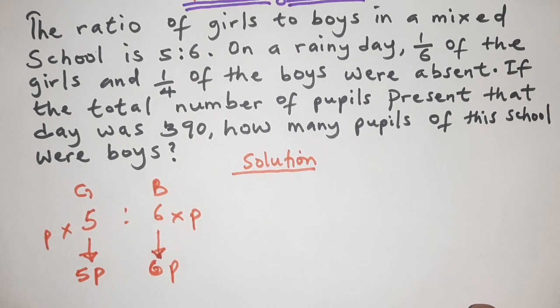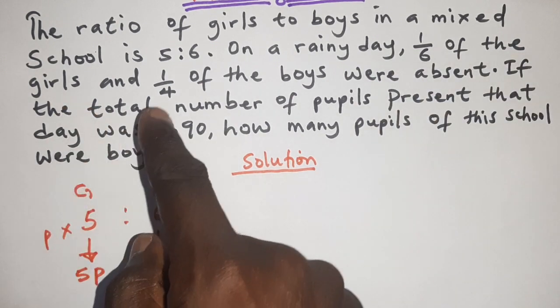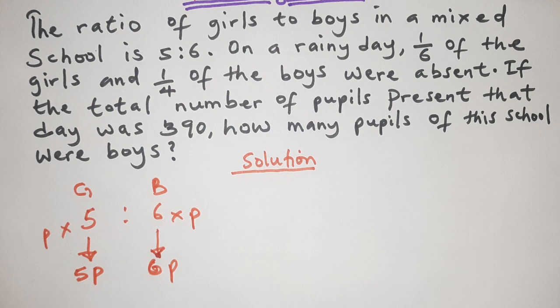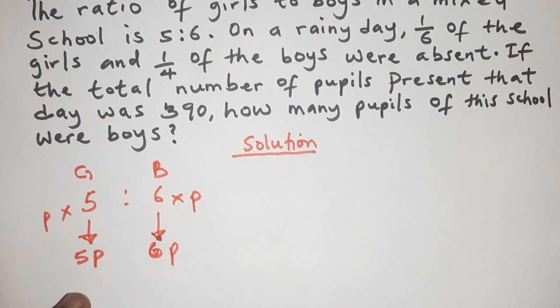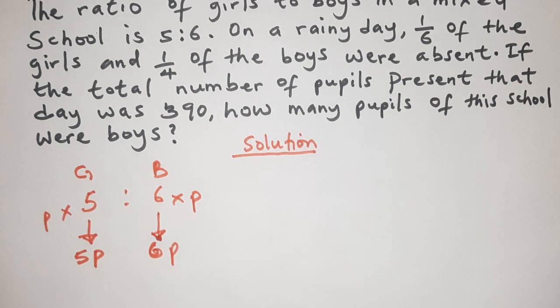Going forward, they said that 1 over 6 of the girls and 1 over 4 of the boys were absent. So let's first find 1 over 6 of the girls. That's 1 over 6 of 5p. Let me do that in a rough book so that I'll have enough space here to solve.